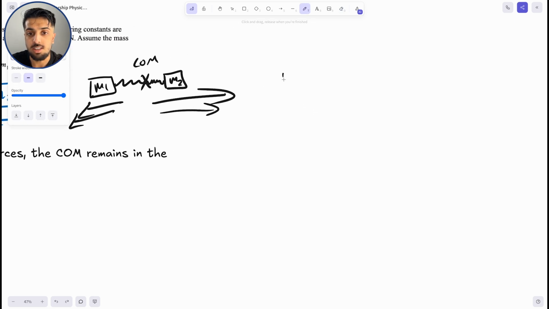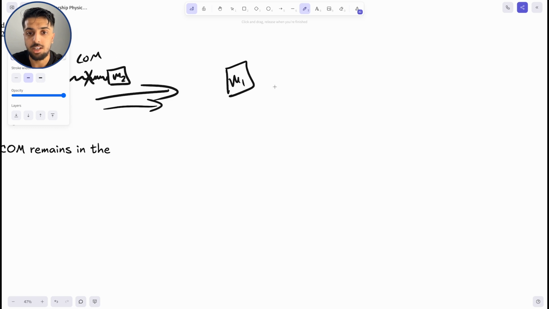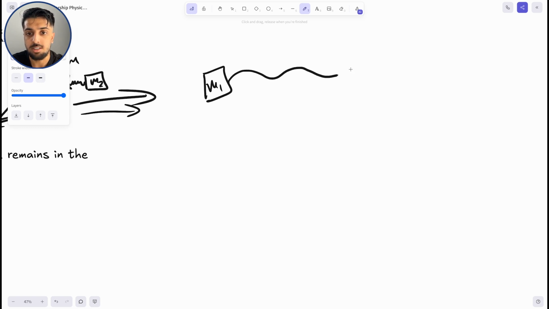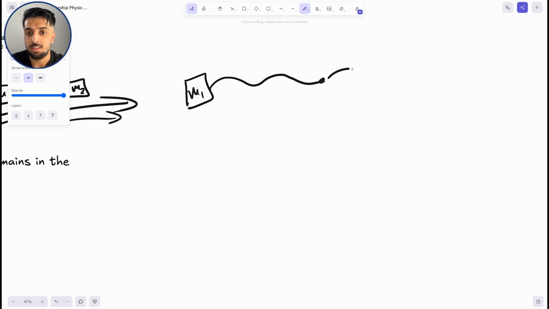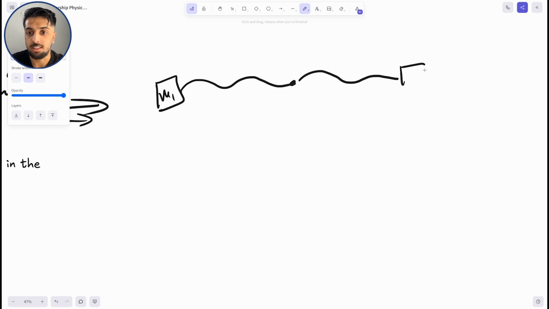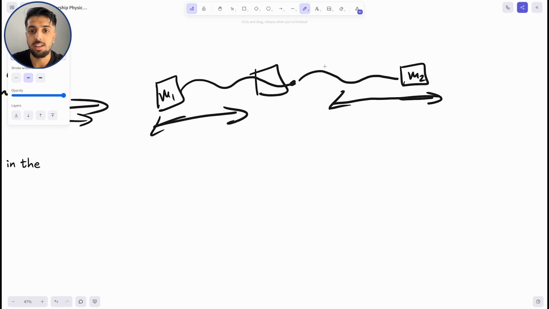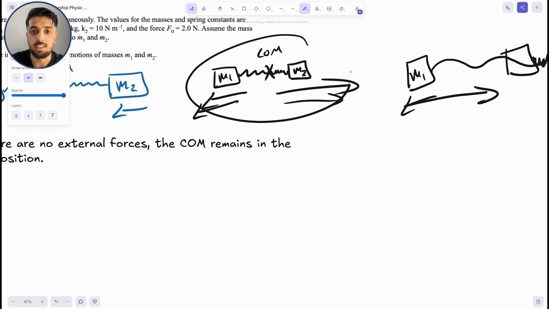And so what you'll see is when the spring is decompressed, the spring is spread out like this, because they're both moving in this direction. Once the spring is super stretched, it's going to want to come back this way. Then M1 will move here and M2 will move here and the spring will be compressed again, just like in this scenario.